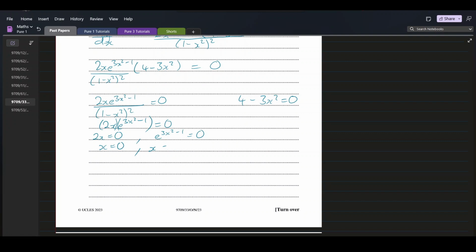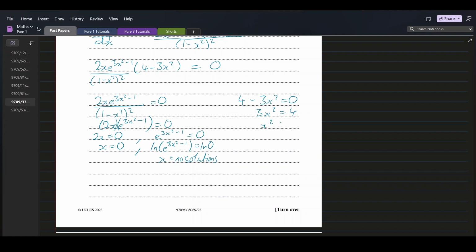In fact, let's probably show that: ln e^(3x² - 1) is equal to ln 0, so x equals no solutions. No solutions. And then we come to this equation. We've got 3x² is equal to 4.